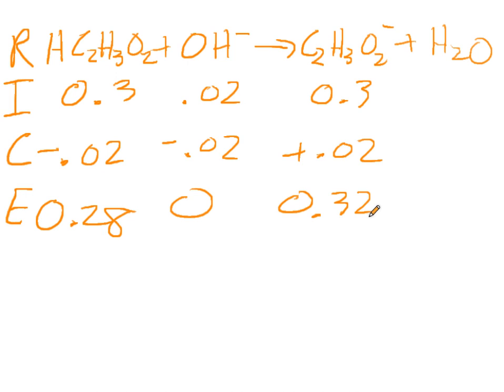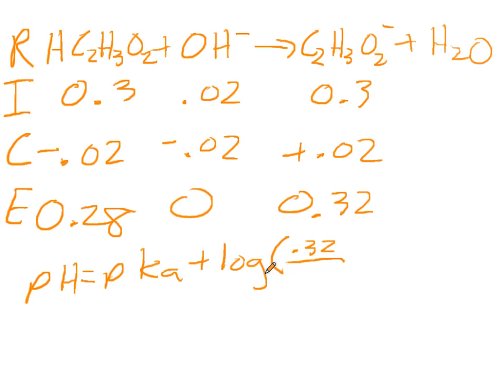Now that we have the new equilibrium concentrations after adding the strong base, now we can go back to the Henderson-Hasselbalch equation to figure out the new pH. So we're going to plug it in as pH is equal to pKa plus the log of my conjugate base concentration, 0.32, divided by the weak acid concentration, 0.28.